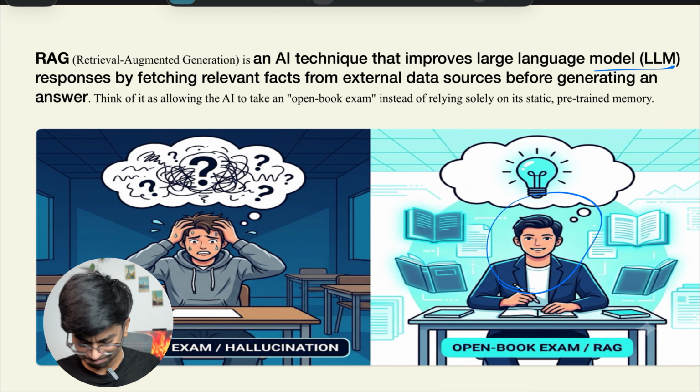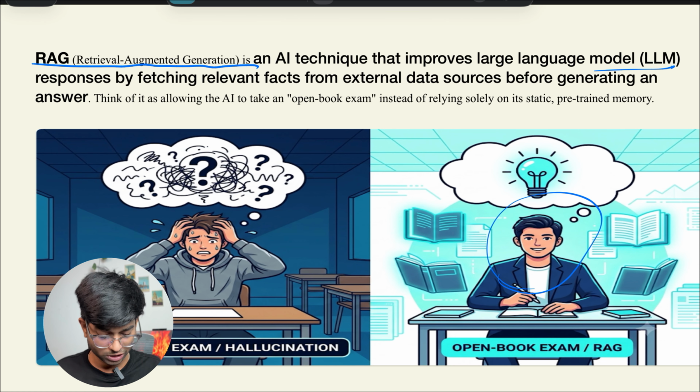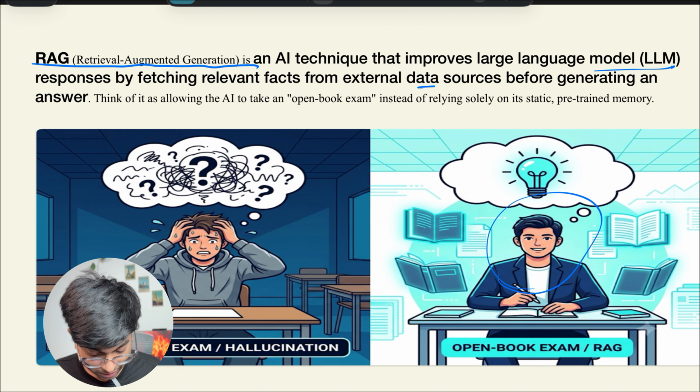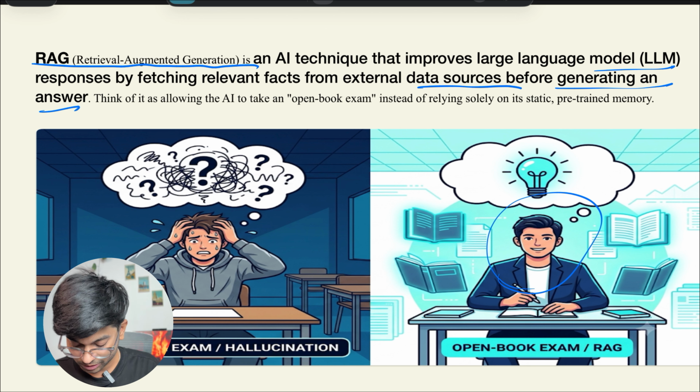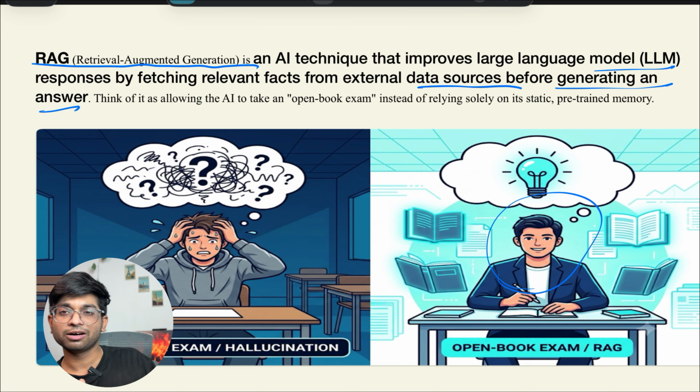So what is RAG? RAG is Retrieval-Augmented Generation. It is an AI technique that improves the large language model by fetching the facts from an external data source before generating an answer. So imagine you have some information in your company and you want to generate some response from that document.